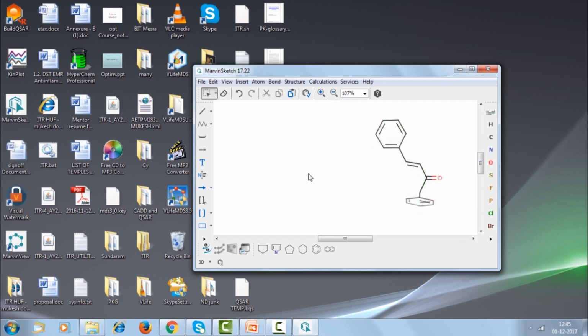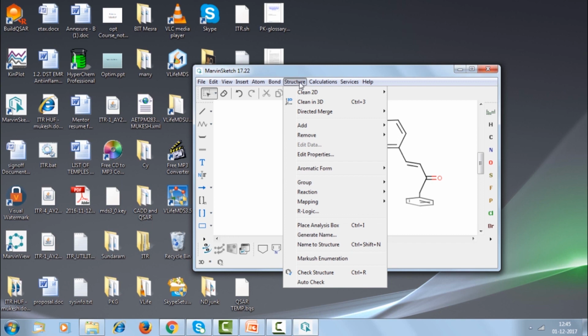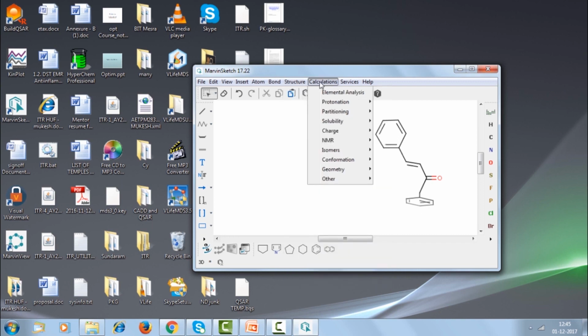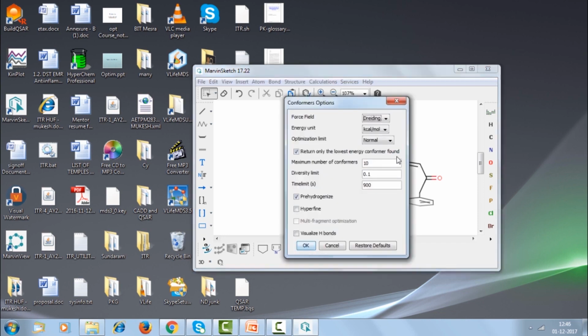Now we can even get the conformation of this molecule. How do I get the conformation? Let us go to calculations, then we can get conformations. You see conformers. I talked about force fields, you remember this MMFF94 force field.